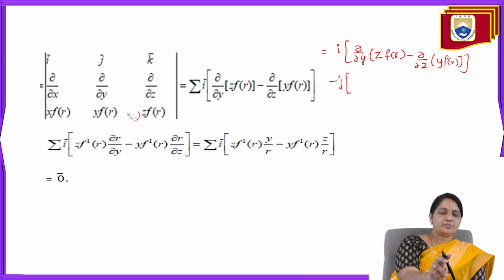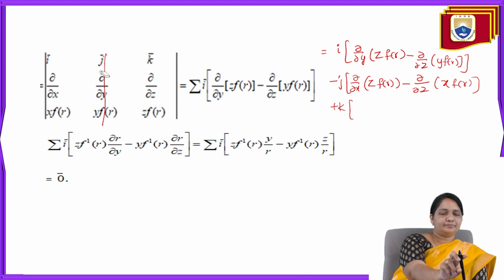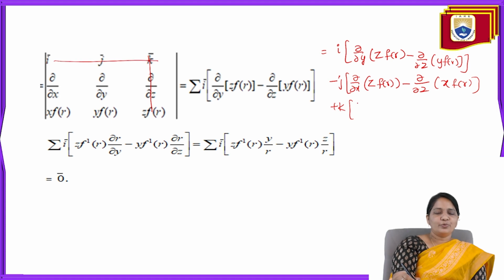Now we are doing the cross product here for these two terms: dou by dou x of z f of r minus dou by dou z of x f of r. Next, third one is plus k: dou by dou x of y f of r minus dou by dou y of x f of r.